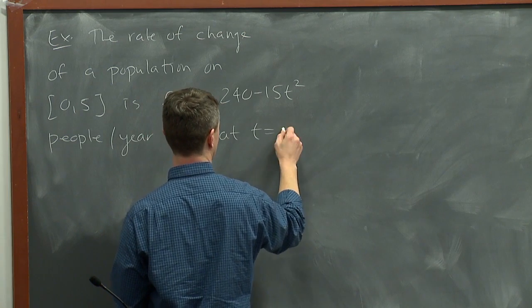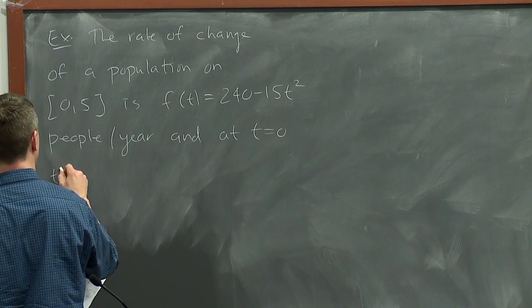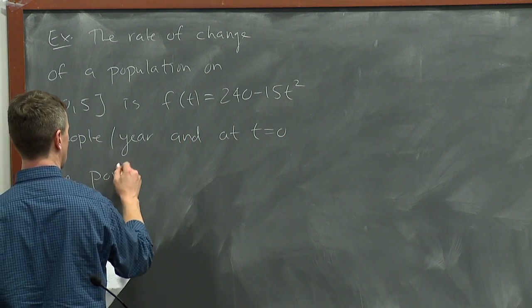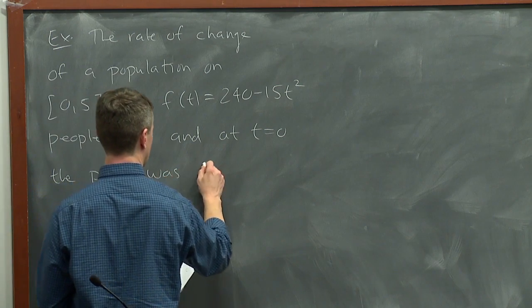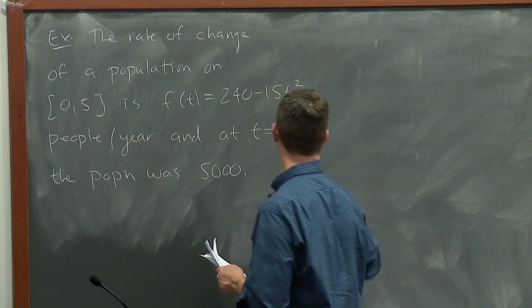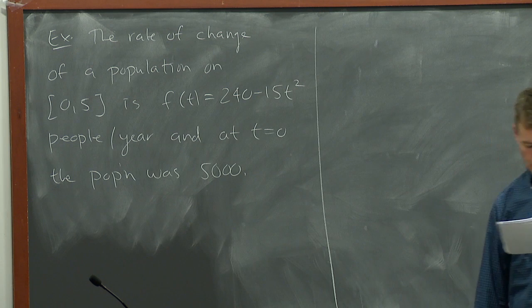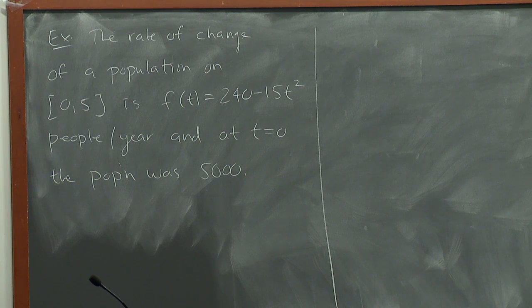And at t equals 0, the population is 5,000. And then we can answer all sorts of questions about the population, like what's its maximum, what's its minimum, what's its average.